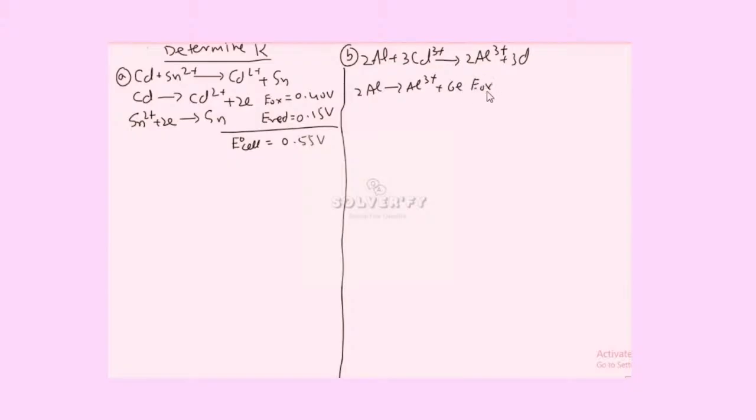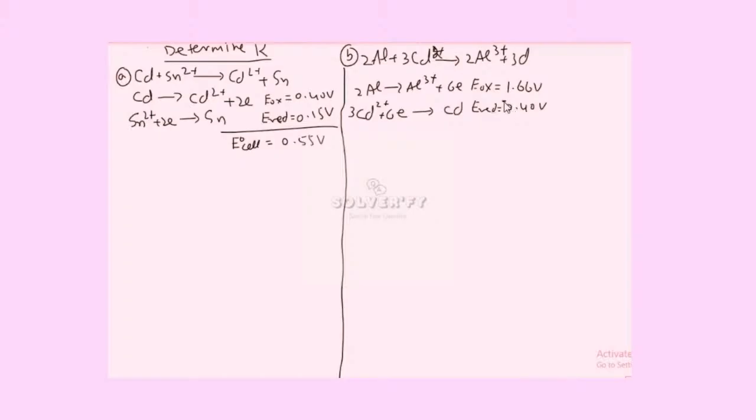E oxidation of the aluminium is 1.66 volt, while the cadmium ions are reduced, taking 6 electrons, so E reduction for the cadmium is negative 0.40 volt.